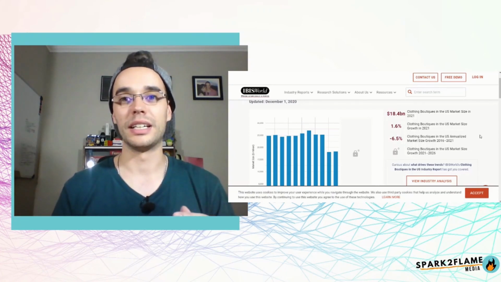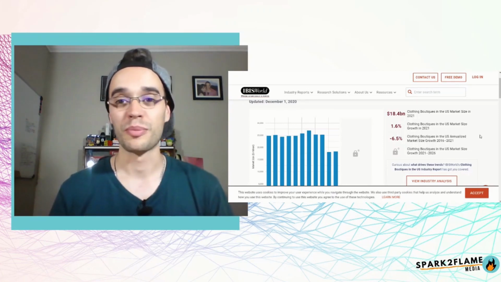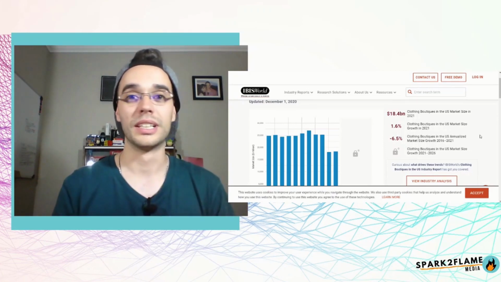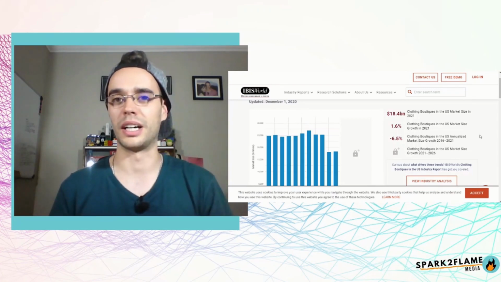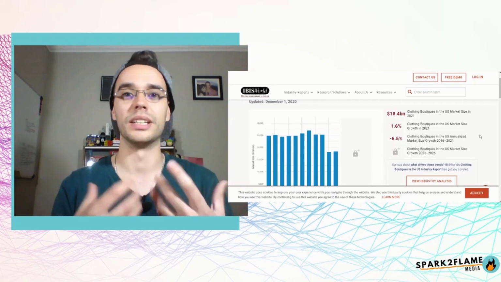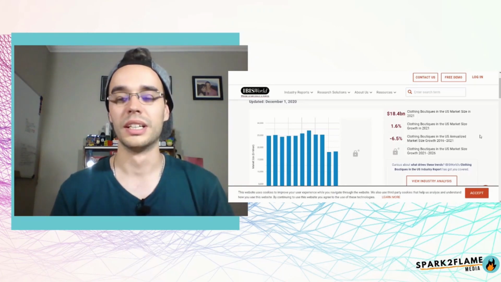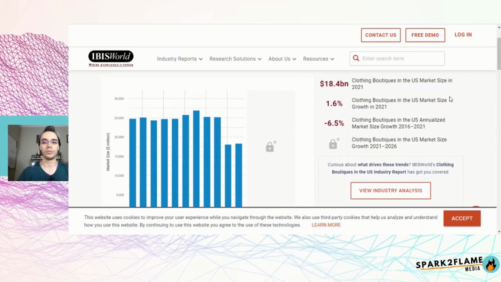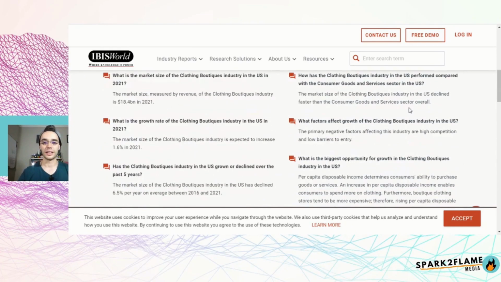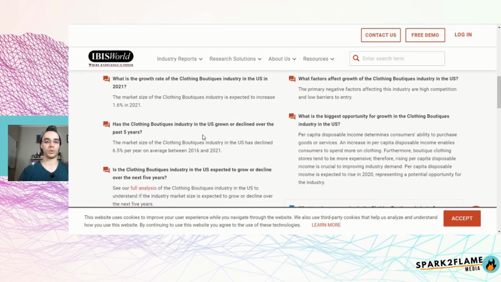And whether this is just me or not, the word boutique tends to lend itself to a more expensive type of quality clothing, etc. If we flick back here, you'll see that the clothing boutiques market size in the US had growth in 2021 of 1.6%. So this is pretty cool, and there is definitely space for us over here.